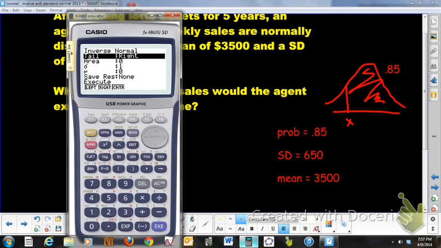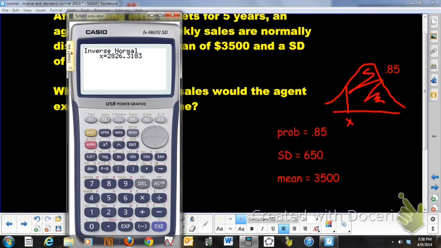So on our calculator, we put to the right, the tail is to the right, that's where our probability is. We then put in our area, which is the probability, 0.85. We put in our standard deviation, 650, and we put in our mean, 3,500, and we find that value, 2826.